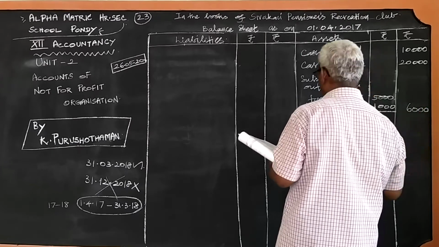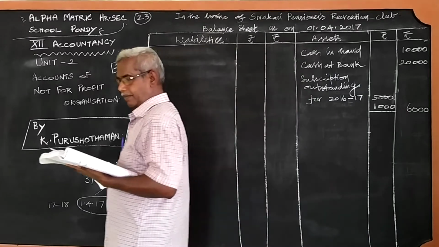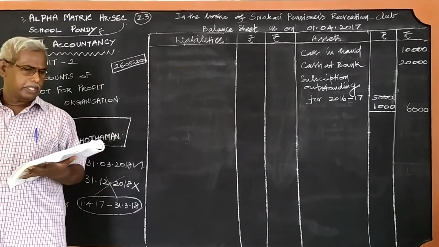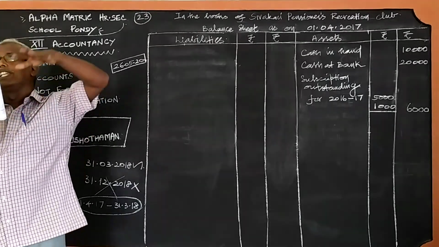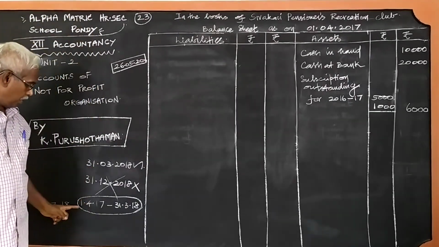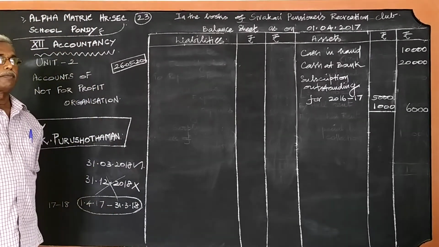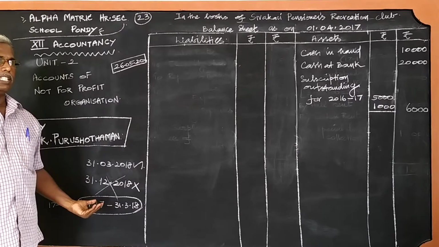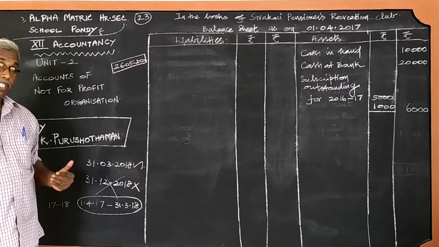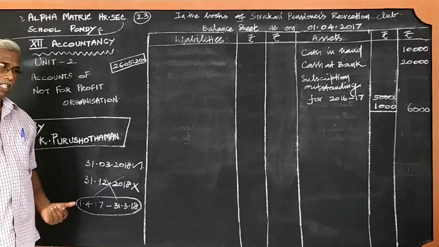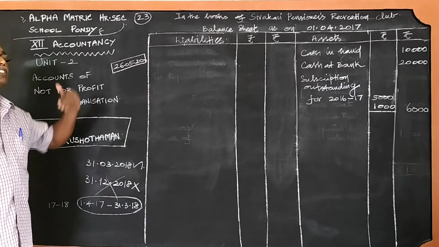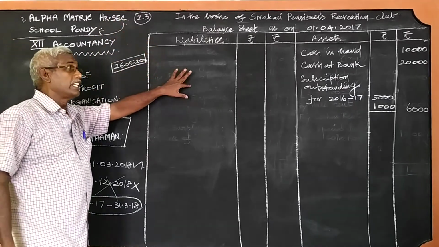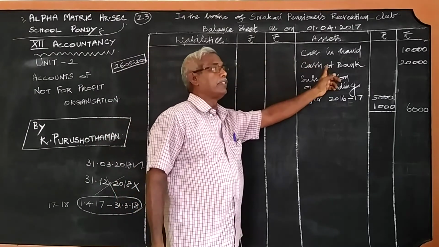I repeat this point once again. Under the heading subscription, there is an amount of 5,000 which is received during this accounting year. Once some amount for the past year is received during this year, it is the outstanding of the previous year. The outstanding of the previous year end will be in the beginning of this year.